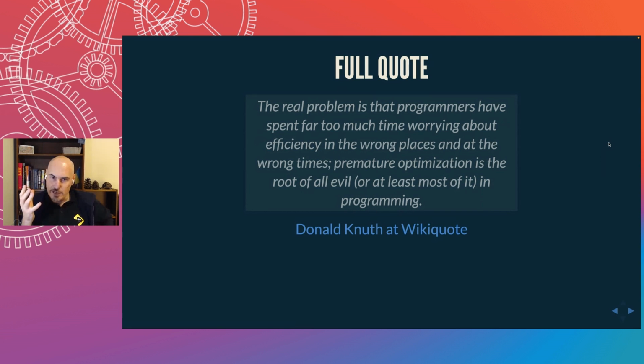So premature doesn't mean that we do it too early. Premature means, in his quote, that we don't do profiling first. So it's not about banning profiling, or banning doing something to optimize our program.